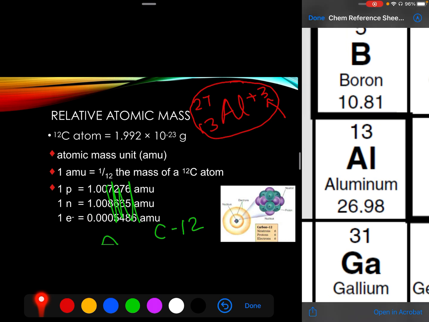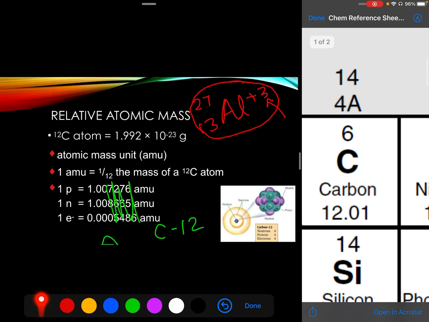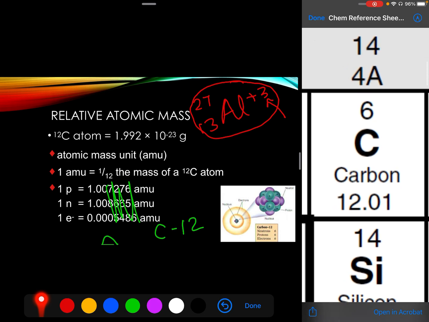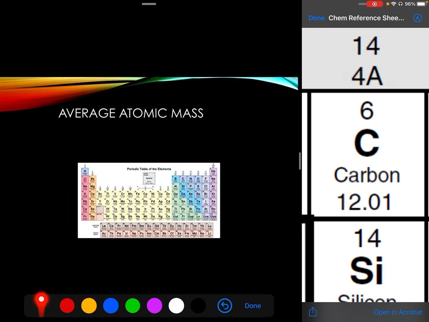So then what is this number on the periodic table? Why does it say 12.01? The reason it says 12.01 instead of just 12 is because this number is the average of all of the isotopes of carbon on planet Earth, or at least their best guess at it at the moment.